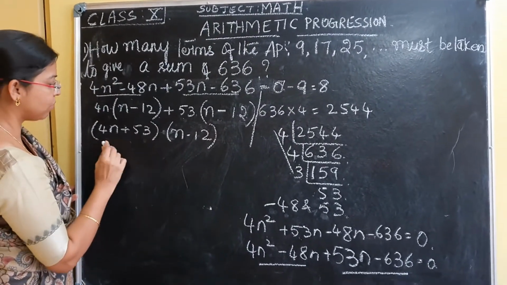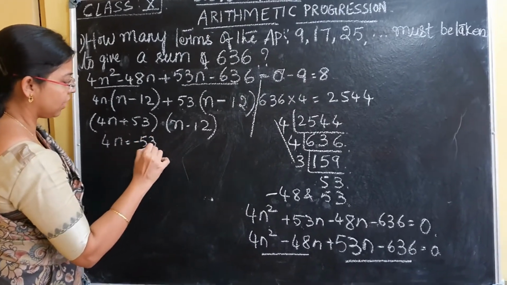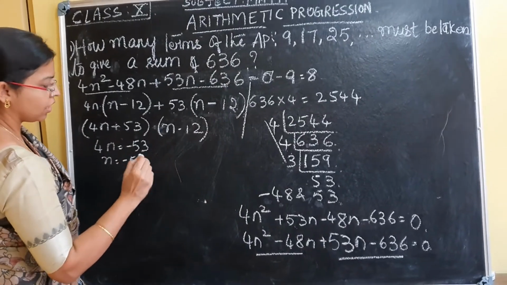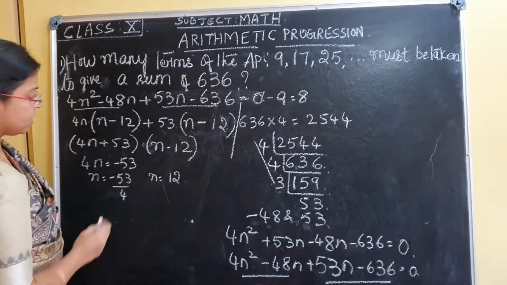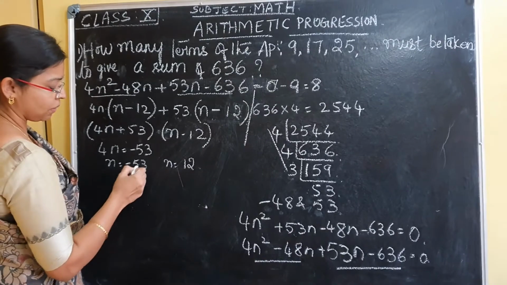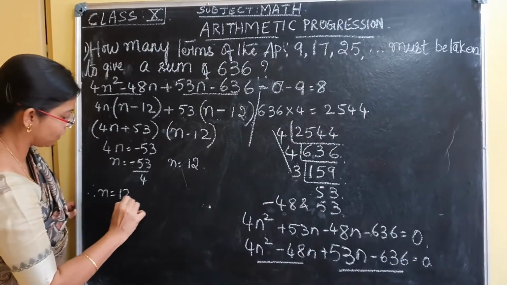Now we will have two values. 4n is equal to minus 53, so n is minus 53 by 4. And here we get n is 12. Since we cannot have a negative number, even the fraction cannot be taken. Therefore, n is equal to 12.